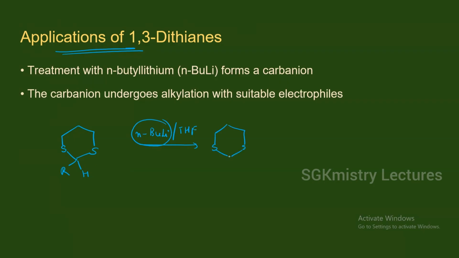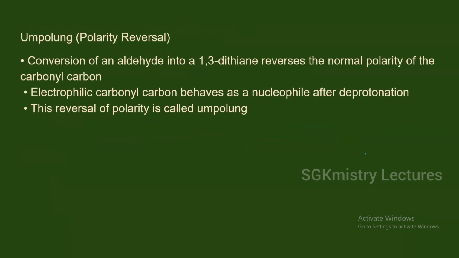So this hydrogen is abstracted and it becomes negative. If you treat it with any alkyl halide, now this R' will come and attach here. So here we have R, and here we have R'. This is how the reaction proceeds. Now this 1,3-dithiane obtained is a thioketal, and hence it can be hydrolyzed to aldehydes and ketones by treatment with suitable reagents like HgCl2. So one of the reagents is mercuric chloride.